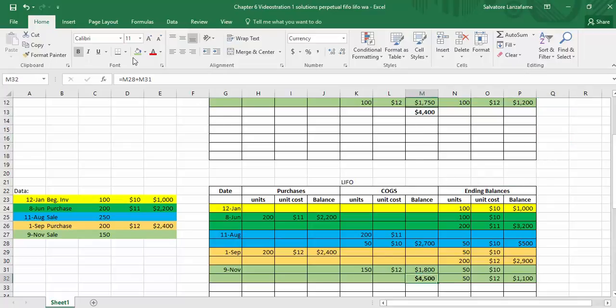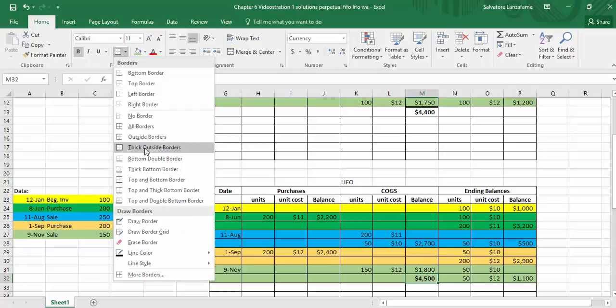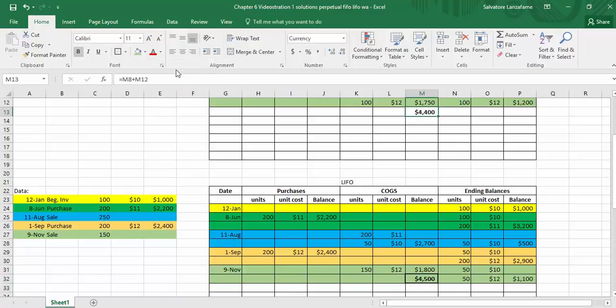Let me put this in a box just to make it stand out here. Okay, and then notice our answer for the ending inventory, 1,200 versus 1,100. So when your inventory is low, your cost of goods sold is higher.